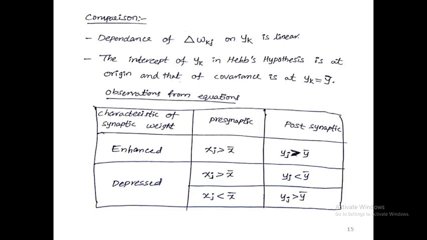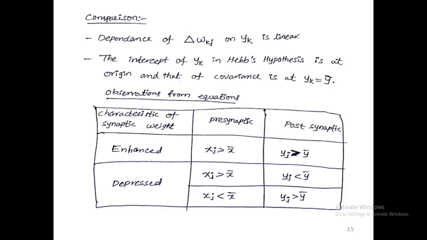What are the observations from these equations? Take the first column as the characteristic of the synaptic weight, whether it is enhanced or depressed. Enhanced means increased, depressed means decreased. The second column is the presynaptic signal, the third column is the postsynaptic signal.